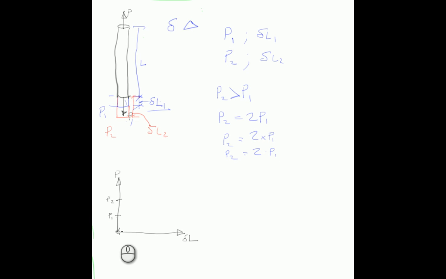If our origin, our 0 point, is at this point here, we find that under P1 we had a change in length delta L1, which corresponds to this point here. And then under P2 we found that we had delta L2, which was twice delta L1.